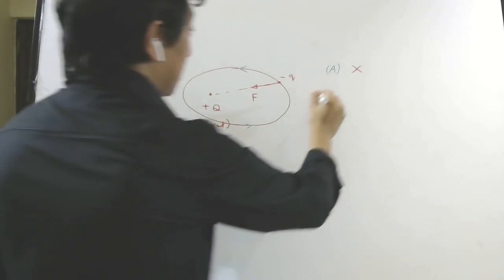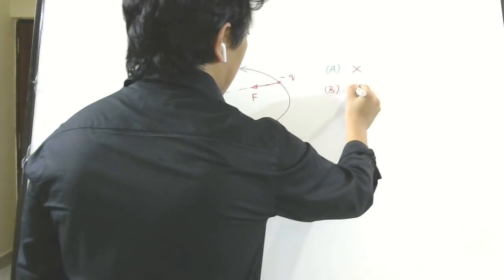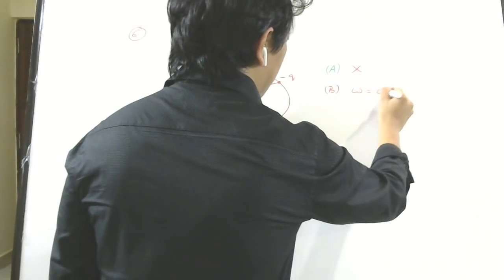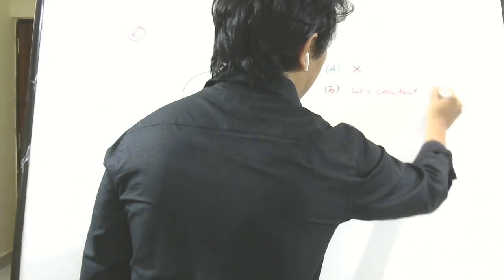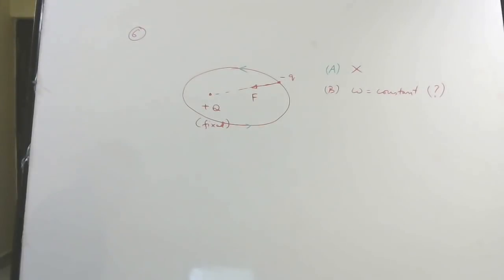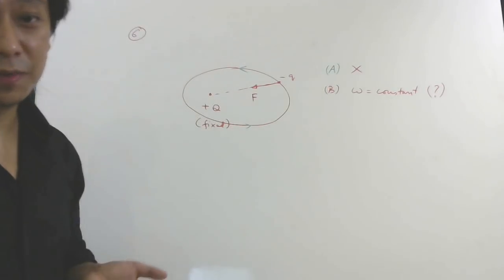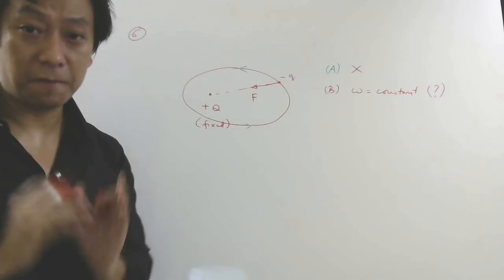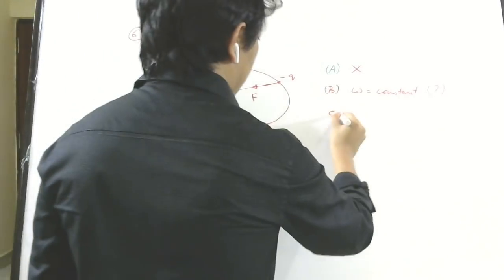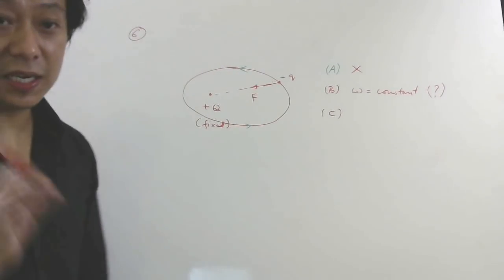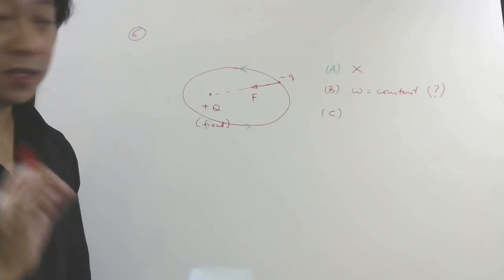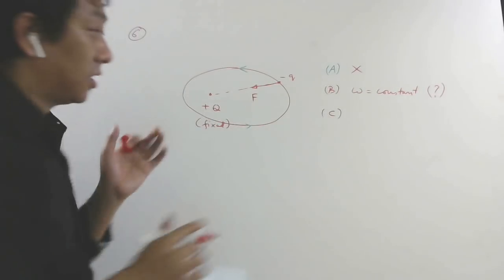Understood? The second part is saying angular speed is constant. So that we are not sure right now. Directly you may not be able to think. If you are able to think, very good. Since you are not able to decide, let us go with the third one. The third one says the linear speed of the charge minus q is constant.